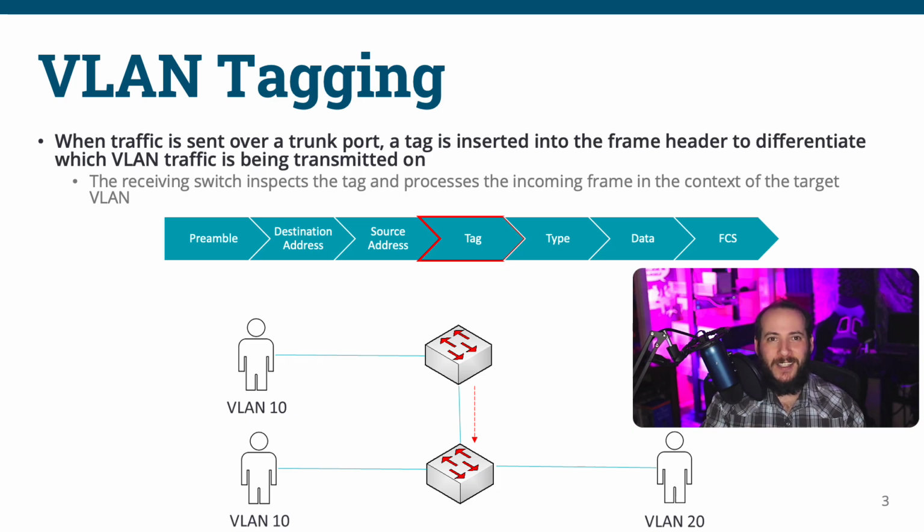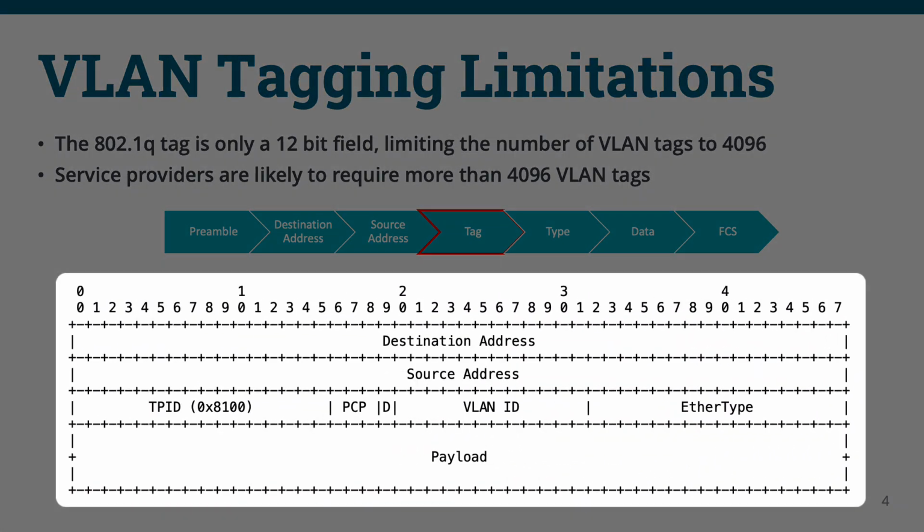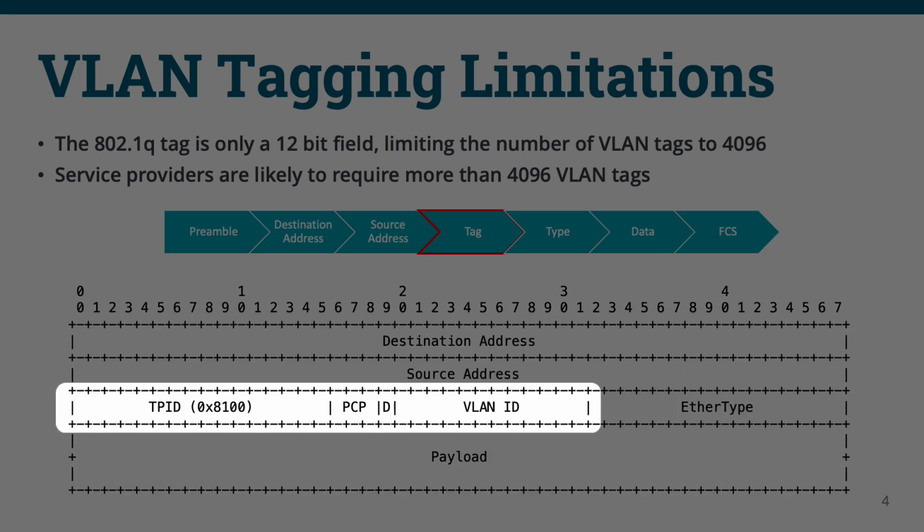Trunk ports transmit and receive tagged traffic. This packet diagram here contains an 802.1Q header in the third row here. The VLAN ID, or tag field, is 12 bits in length, limiting the tag ID to 4,096 unique values.